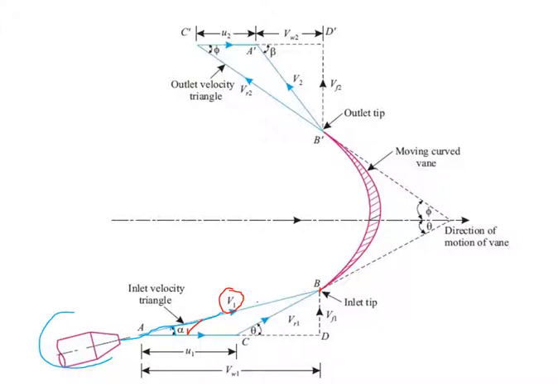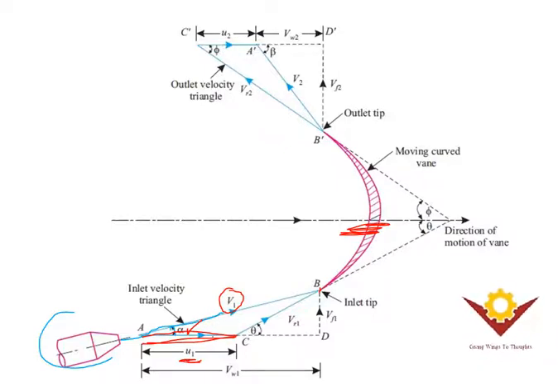After striking the vane at the tip with the velocity V1, this particular vane will move horizontally with the velocity u. Horizontally with velocity u. You can see u. So it is an inlet one, so that's why we are designating with V1 and u1.